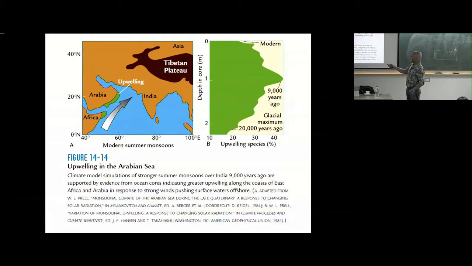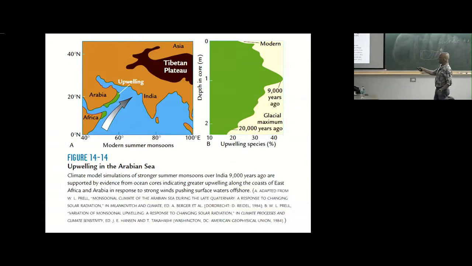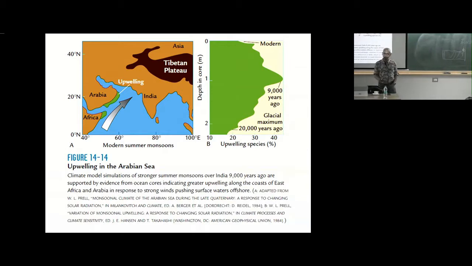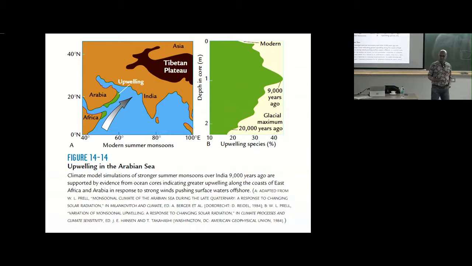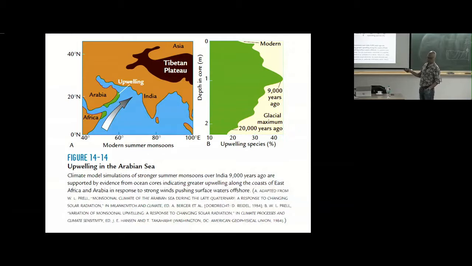So as long as they are looking at the coastal species, the upwelling species, then you can be confident of the interpretation. So during glacial maximum, upwelling species, which means what? Upwelling brings much colder water, many more nutrients.